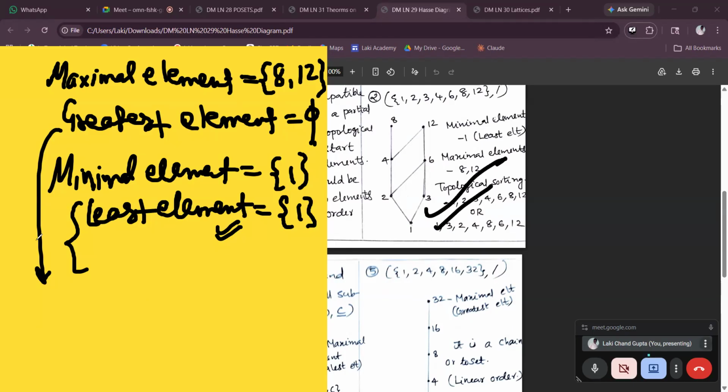In this graph, one is the least element because the minimal element is unique. But the maximal element is not unique. That's why there is no greatest element. Understood? You can note this. This is unique. And this is not unique. Why not unique?